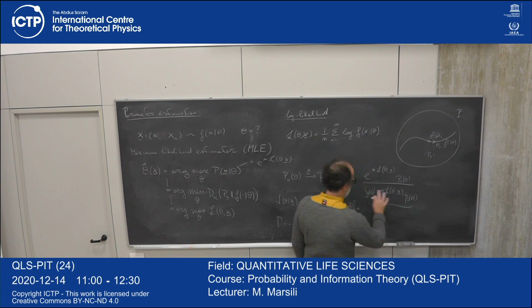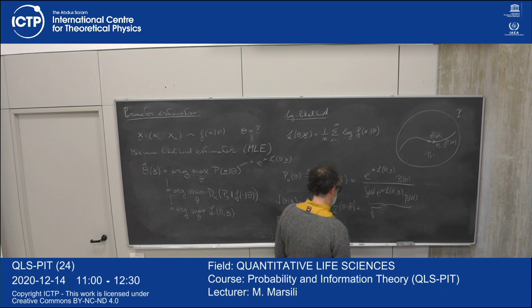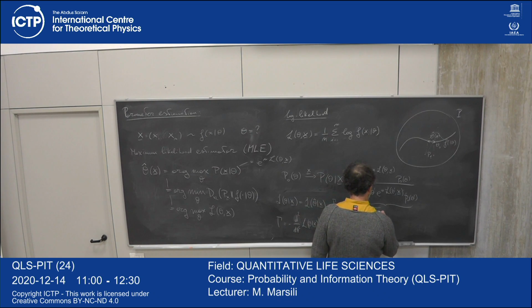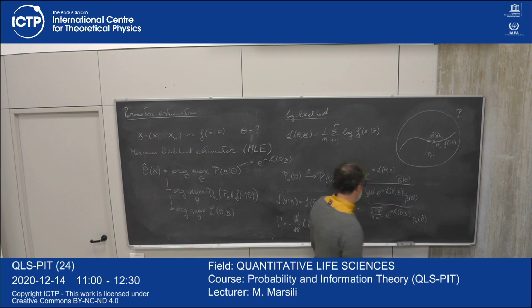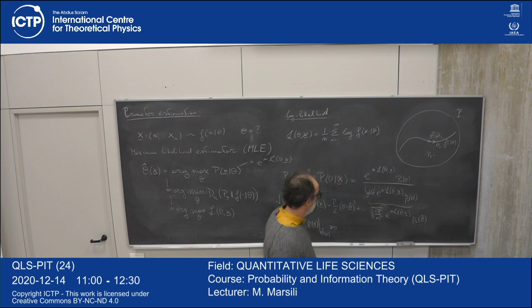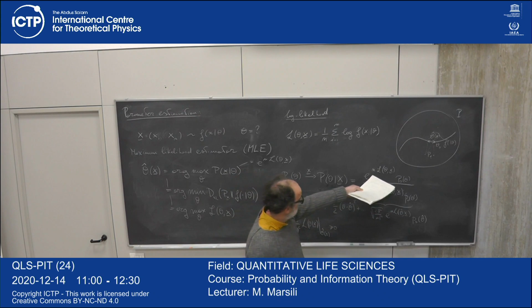So this integral at the denominator will be essentially square root of 2 pi over n times gamma, times e to the n times L of theta hat and x, times p0 computed in theta hat. Okay, this is the integral below.